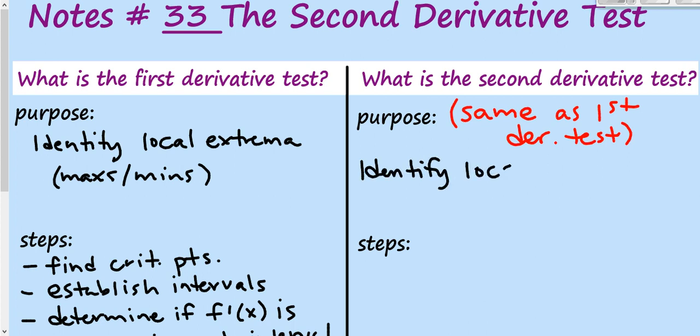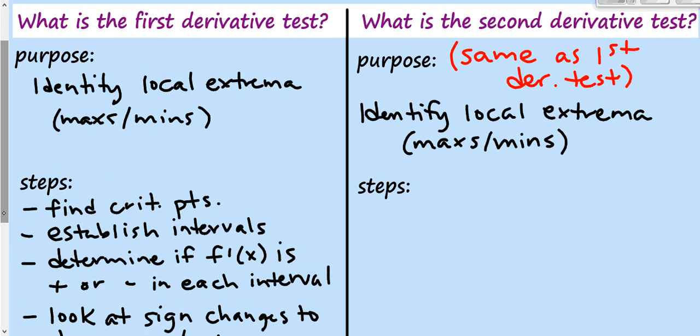It's a different way to do the same thing. In some cases, it's a much faster way to do the same thing. In some cases, it's not faster. So you'll get to decide sometimes whether you want to use the first derivative test or the second derivative test to identify local extrema.